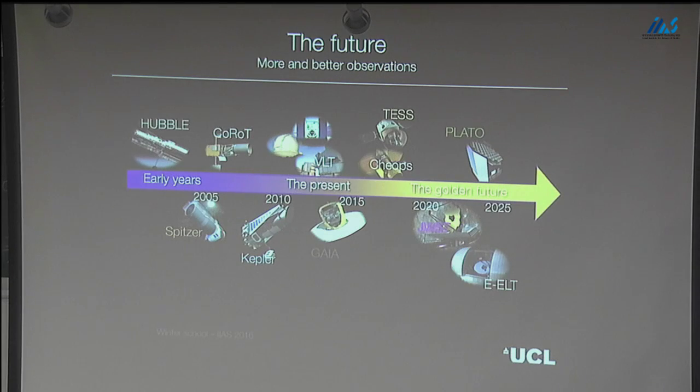So in the 10 minutes that I have, I just wanted to say something about the future. The future is certainly very bright, in particular for finding new planets, because I'm sure that in the past days you've already heard that there are many projects from space and from the ground that will happen in the next decade, and so I think we'll be very fortunate. We will have several very interesting planets to look at. But if you're more interested in spectroscopy, what will happen after Hubble or Spitzer, what we're using today?